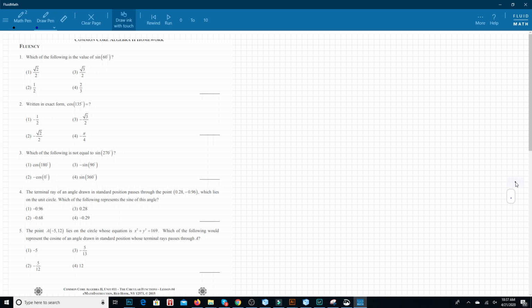All right. So we're going to go over this. This is unit circle, week 31, sheet 1. This, again, can be found in eMath instruction. We're looking at the definition of the sine and cosine functions, Common Core Algebra 2 homework.